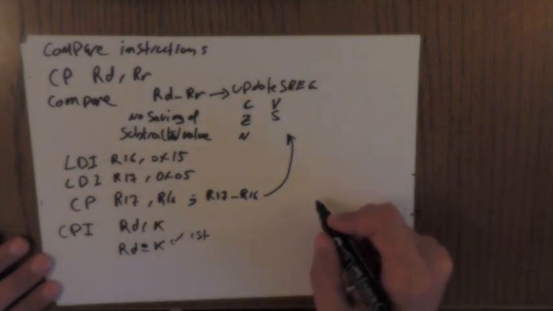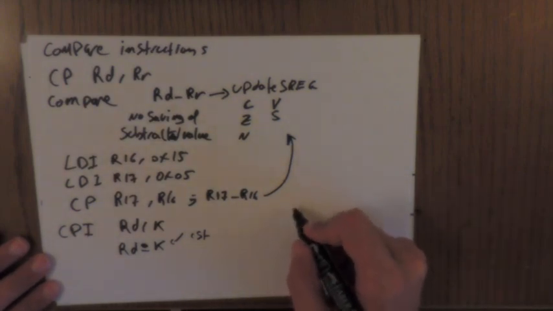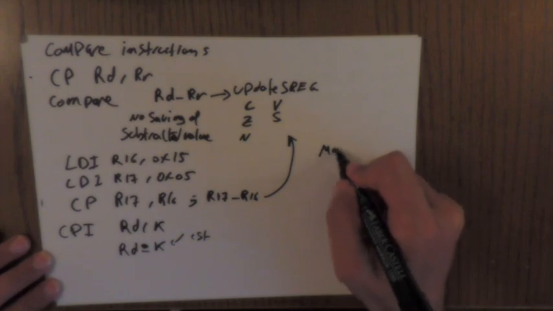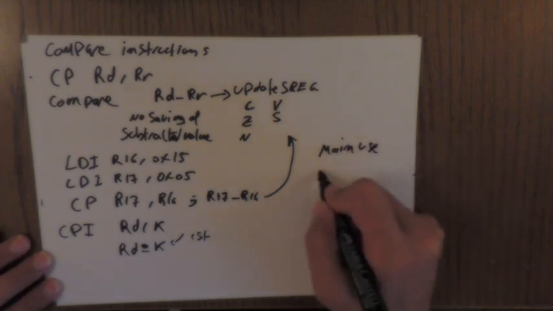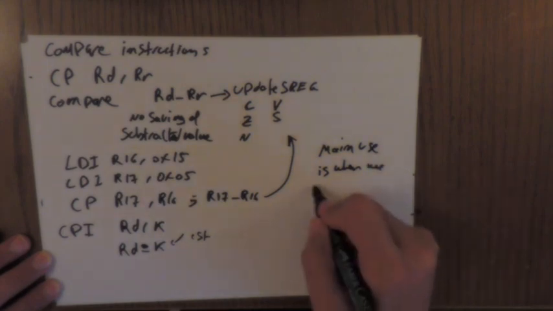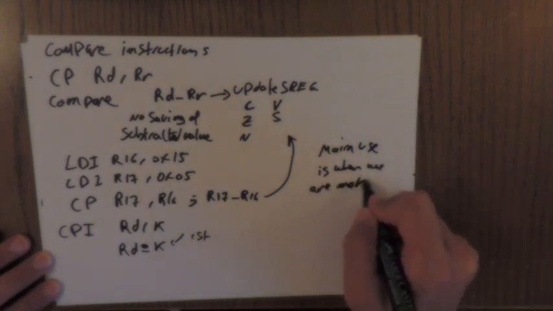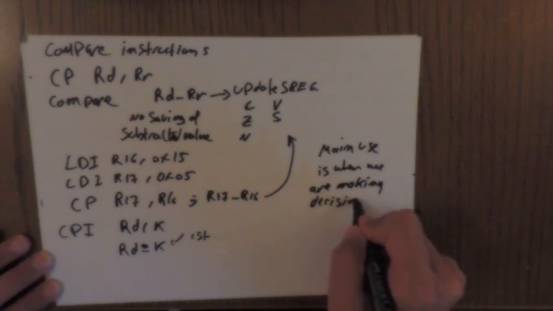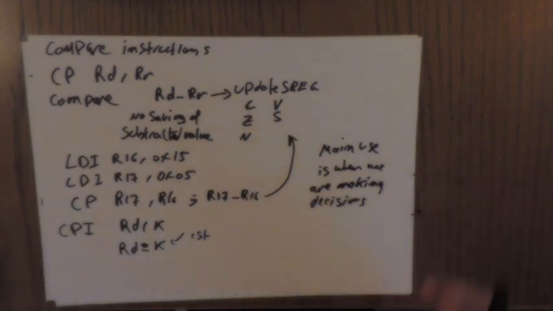Decisions are taken using branch instructions, and I'm going to explain this. So the main use is when we are making decisions: if this number is bigger, if this number is smaller, what shall I do? So it's usually coupled with a branch instruction.